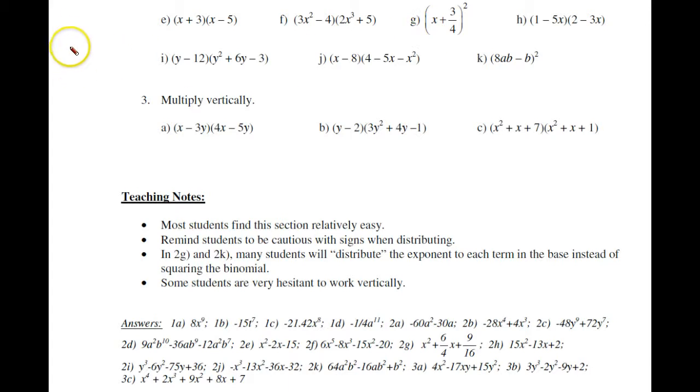And the rule is, let me show it to you over here, a plus b, the quantity squared. The rule is you square this first term. So we're going to square this first term and get x squared. Now the next part of the recipe is to multiply these two together and then double it.